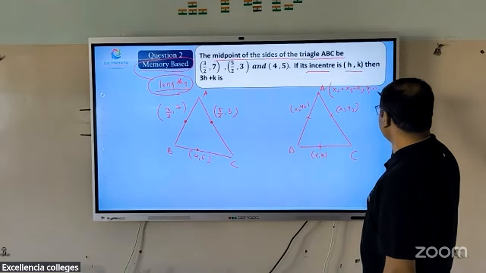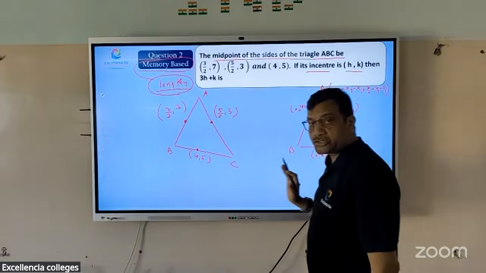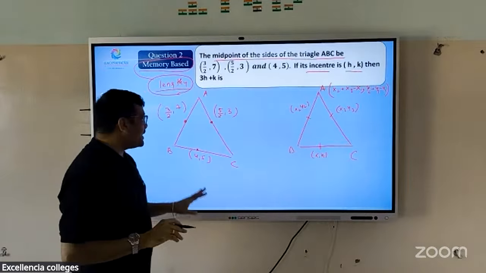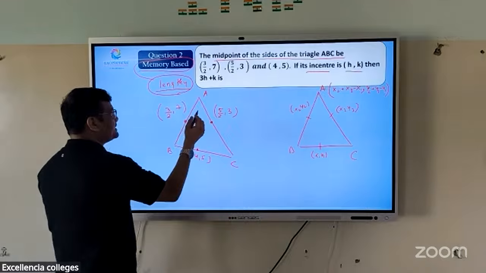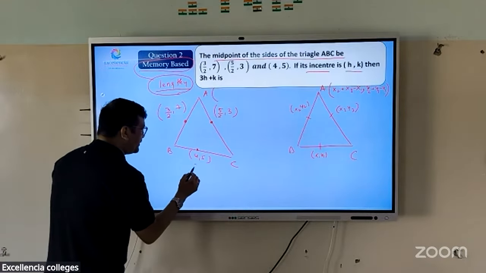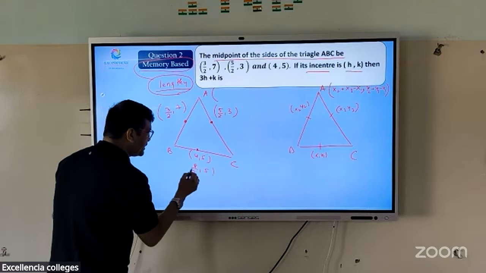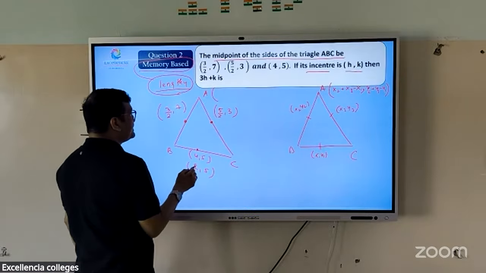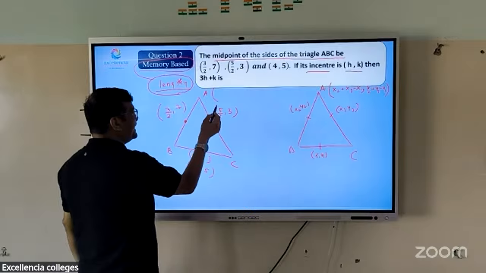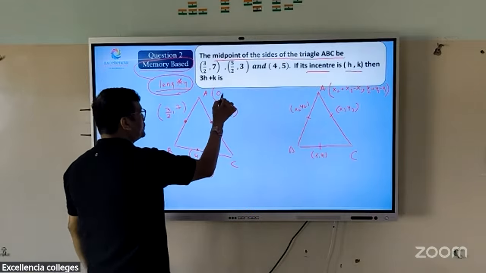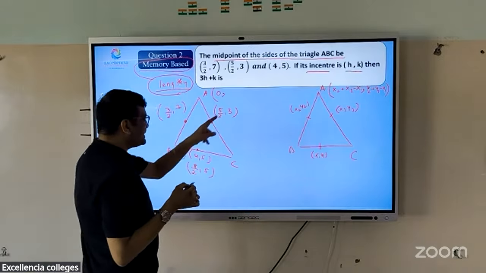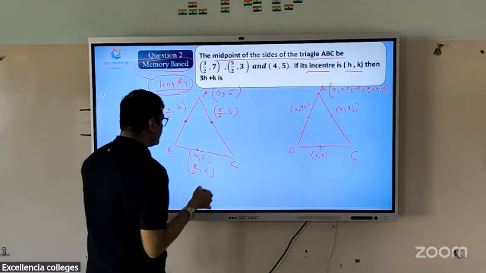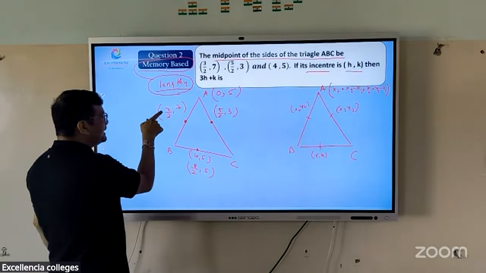Let us see. This will be 4 plus 5 minus 0 is 0, comma 7 plus 3, 10, 10 minus 5. Again, 8 plus 11, 11 minus 5, 6, 6 by 2 is 3, 7 plus 5, 12 minus 3, 9.